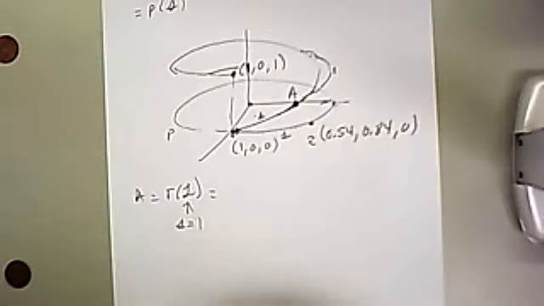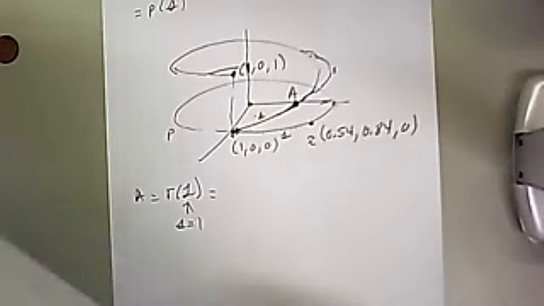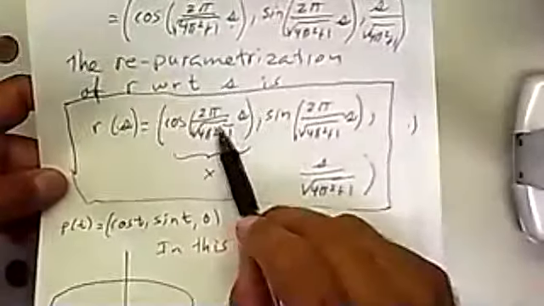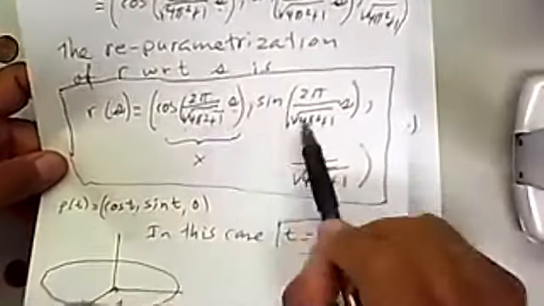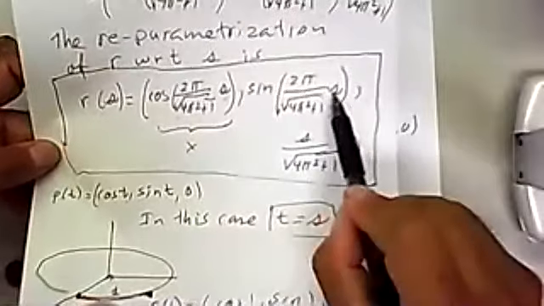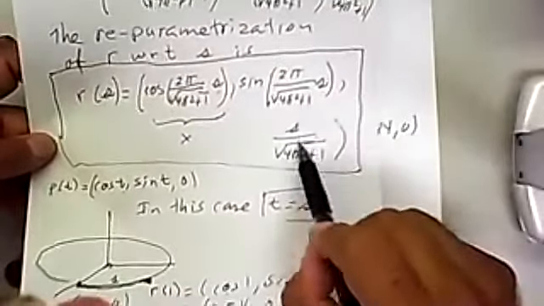We're going to use the formula we just came up with, the big formula here. So we're going to have cosine of this. S is going to be 1, so we just end up with this fraction again. S is 1, and again here we're going to have 1 over the root.